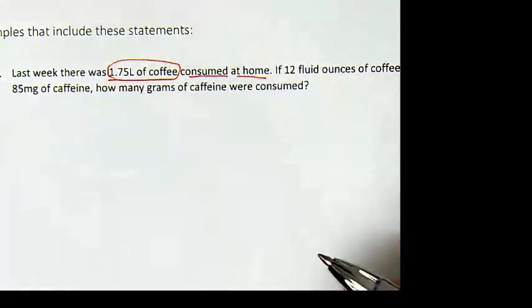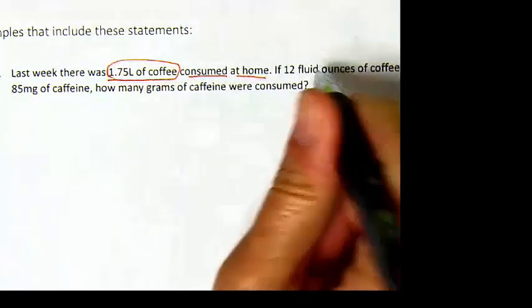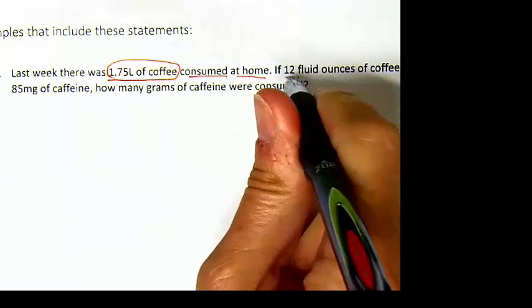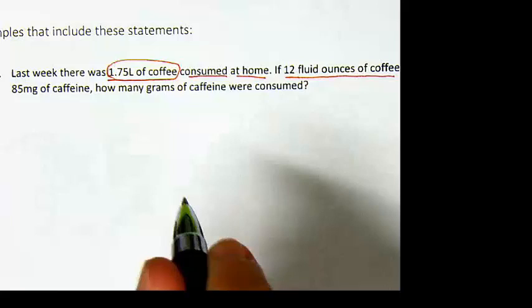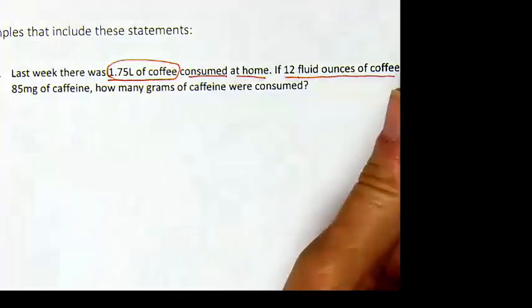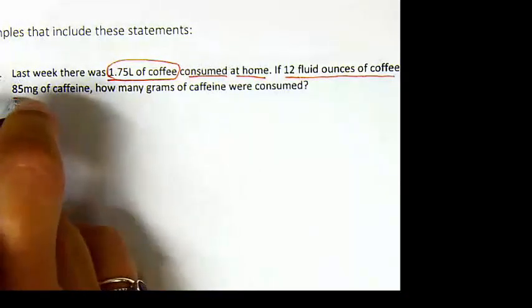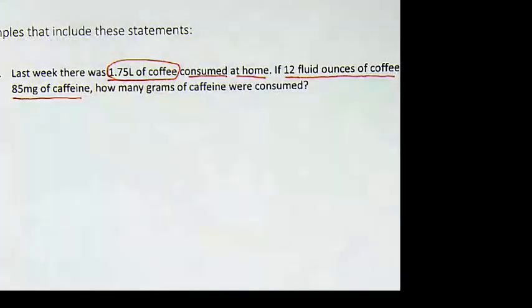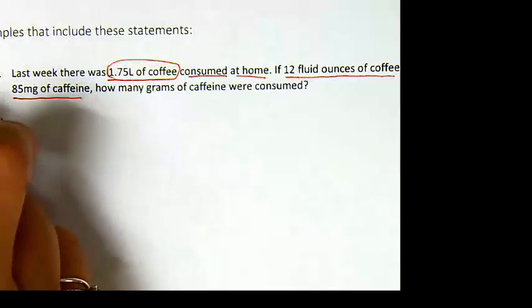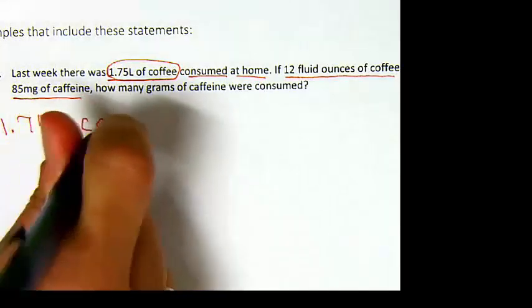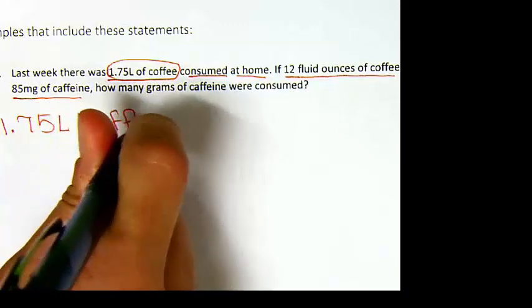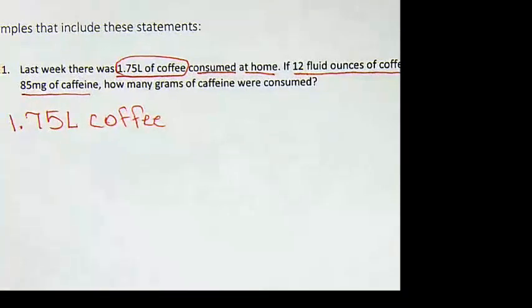So here again, we've already done this, but here it is in this problem. Here you see 12 fluid ounces of coffee, but after that, it compares it to 85 milligrams of caffeine. And so our amounts, you want to do a little bit of work so that you can dissect the problem.